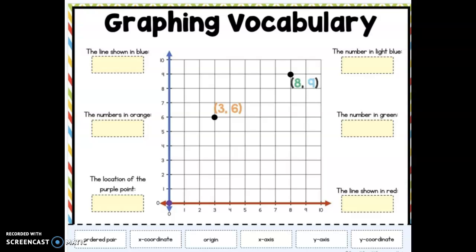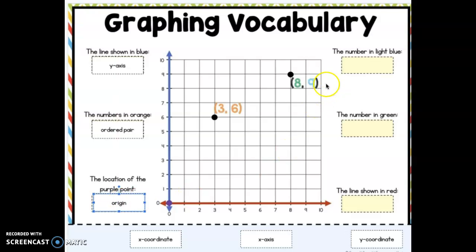Okay, we're going to drag these words to the correct place to label it. So the number shown in blue is our y-axis. The number in orange is an example of an ordered pair. The location of the purple point, that's right here, that's the origin where the whole graph starts.